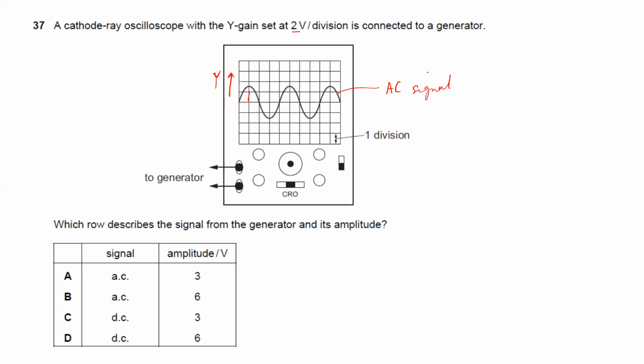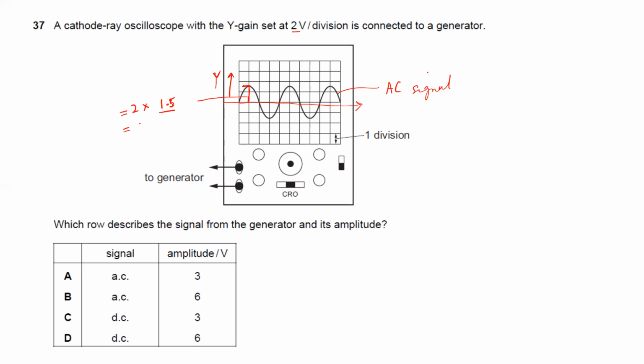Along the Y it has 1.5 divisions on the upside from the base. Amplitude is from the rest position to the peak. So this is 1.5 divisions multiplied by 2.